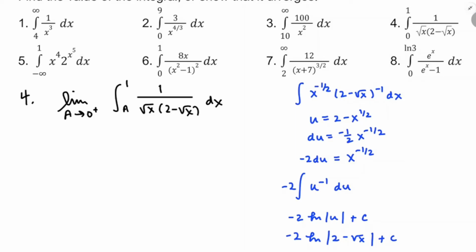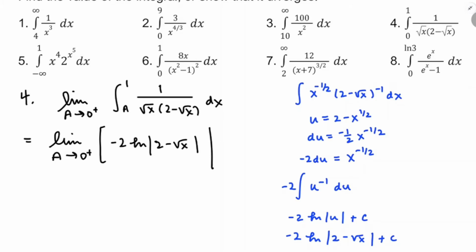So over here, I'm going to say this is the limit as a approaches 0 from the positive side of, okay, negative 2 natural log of the absolute value of 2 minus square root x from a to 1.